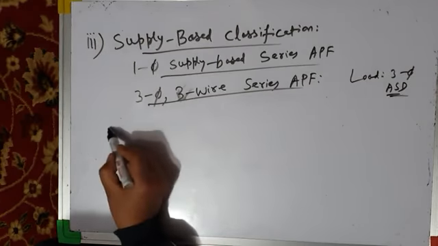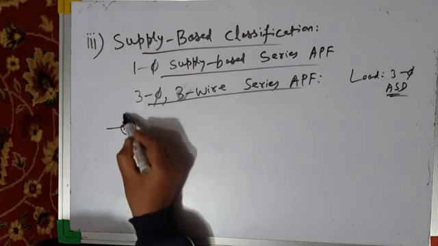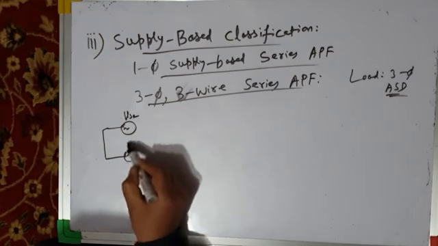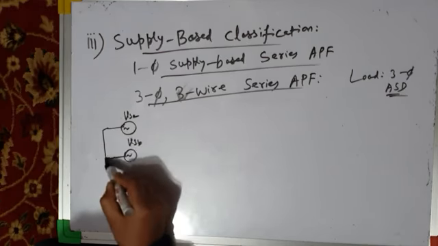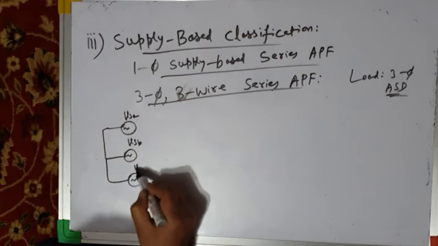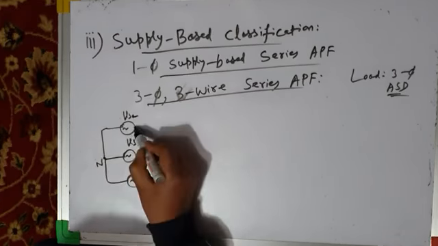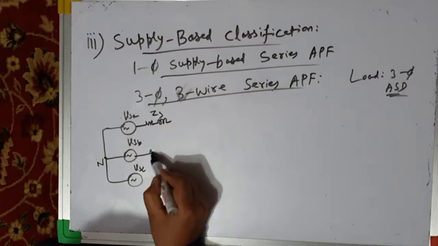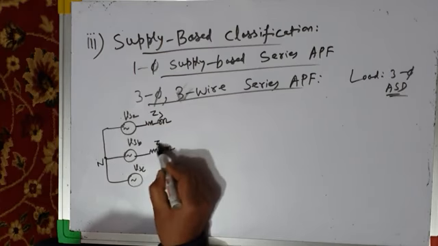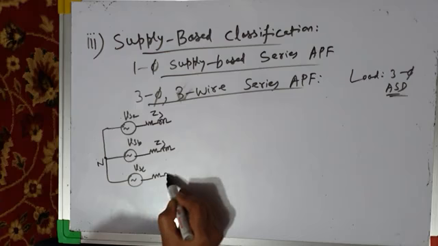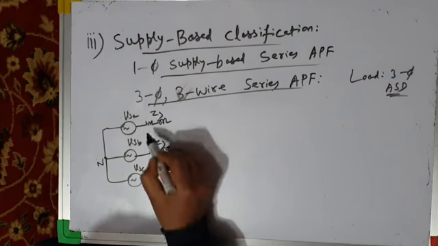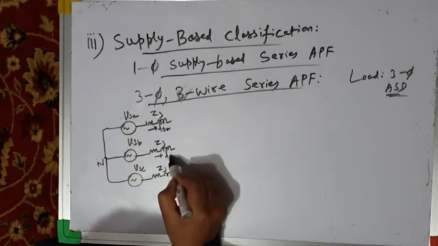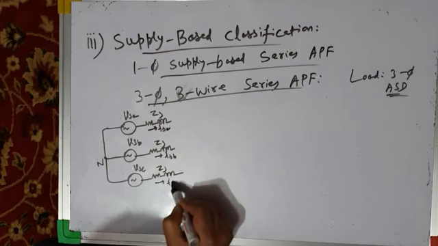The schematic diagram is like this. This is phase voltage VSA, this is phase voltage VSB, and this is phase voltage VSC. This is the system neutral. This is the line or source impedance ZS, the same in all three lines, and this is the source or line current ISA, ISB, and ISC.